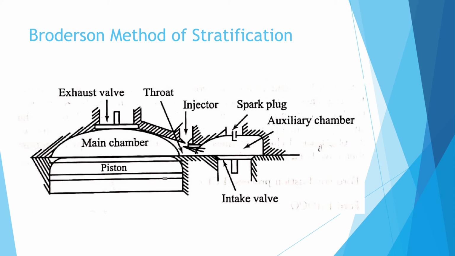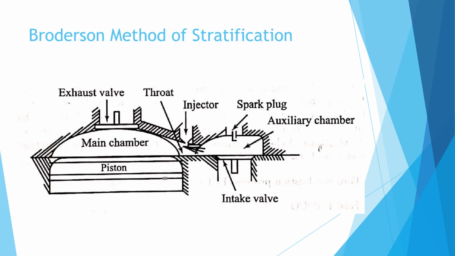At light loads, the fuel can be injected after the start of the compression stroke. This is a situation in which the air is moving from the main chamber into the auxiliary chamber.